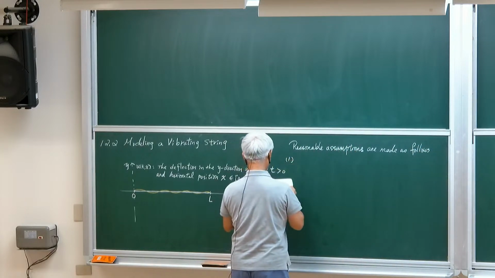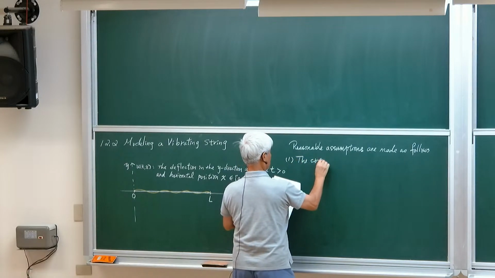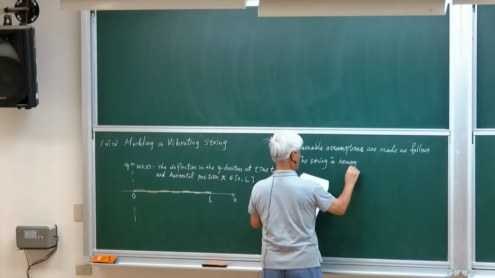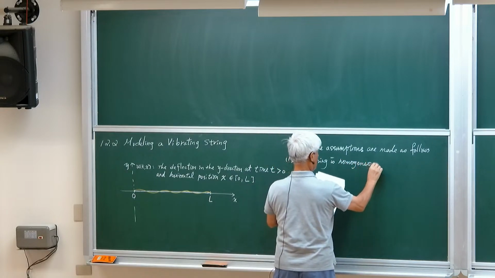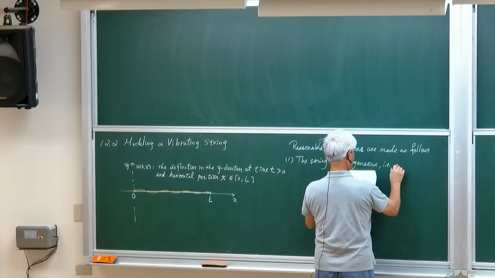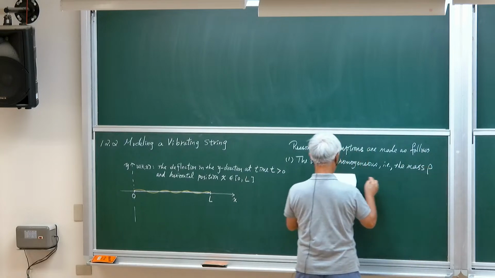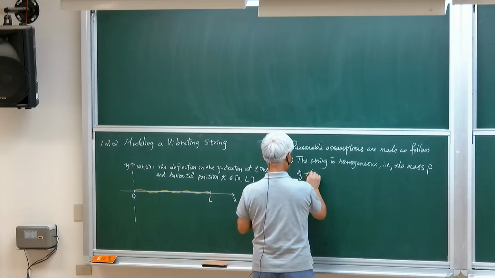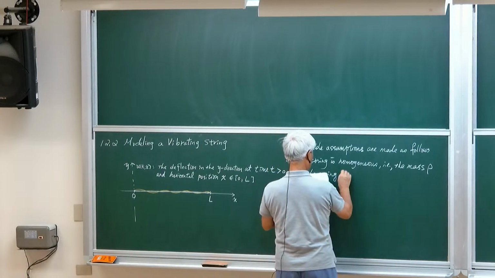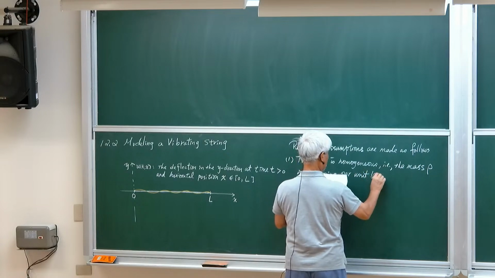First one, the string is homogeneous, i.e. the mass rho of the string per unit length.